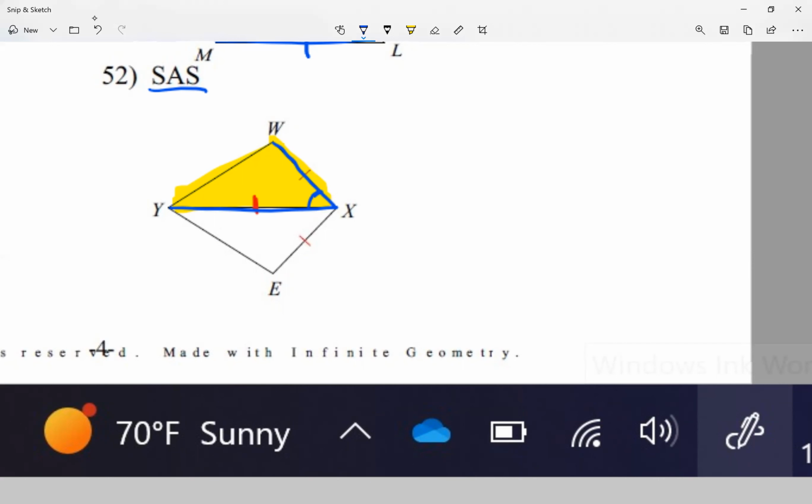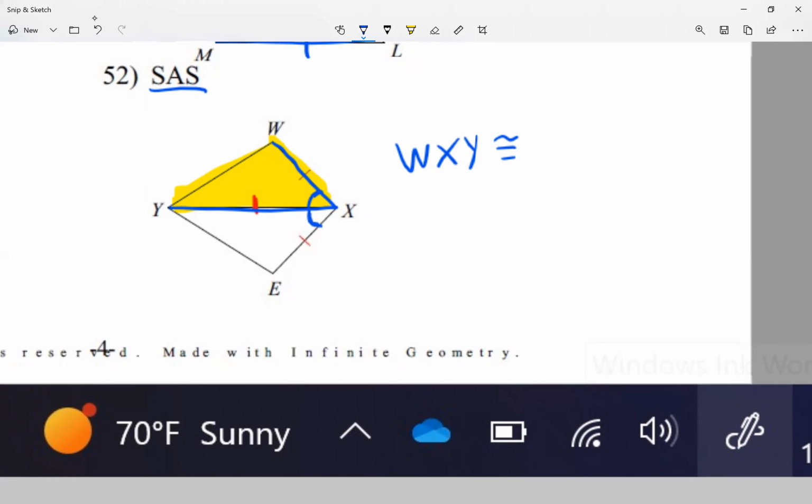Now, sometimes I could call it angle X, just one letter, if there's only a unique corner X, but now there are multiple corners of X, so I cannot use one letter, I have to use all three. So I'm going to use all three letters of my triangle, with X in the center. So I'm going to call this WXY, all capital letters, is congruent to my other triangle, in this case the white one, where I'm missing this angle.